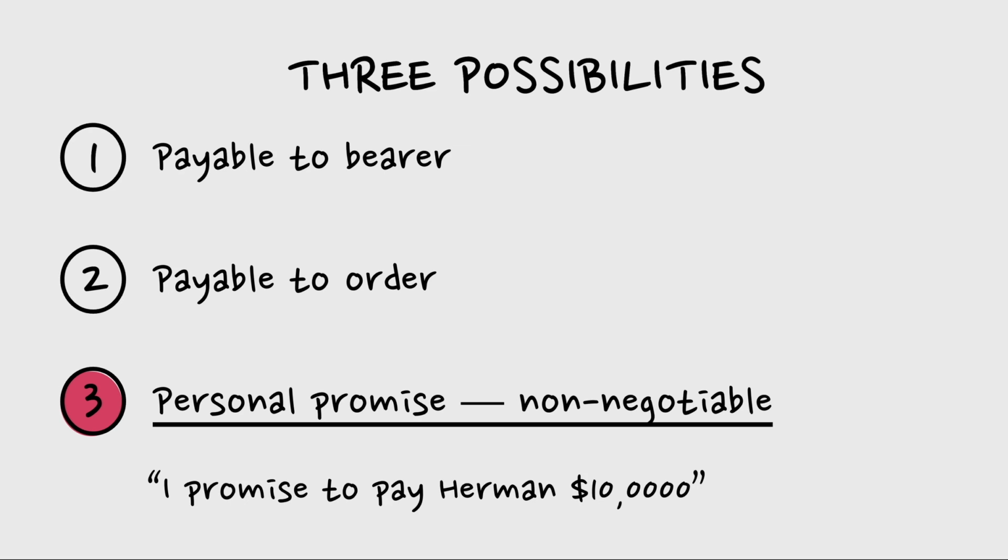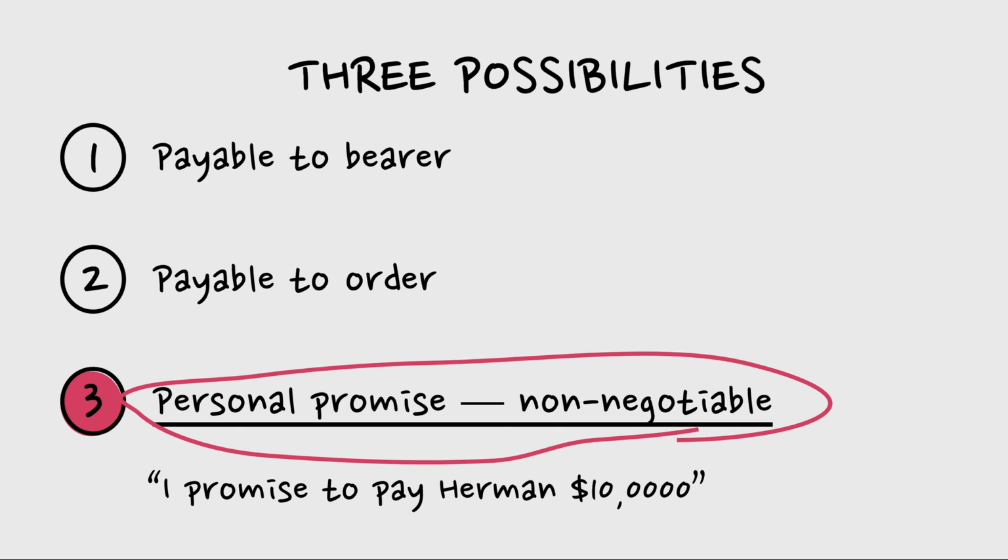So here, if it's just said, I promise to pay Herman $10,000, that's not a negotiable instrument, because the note would need to say what we just said under number 2. I promise to pay to the order of Herman. And in this case, the language is magical. It needs to say to the order of Herman $10,000.